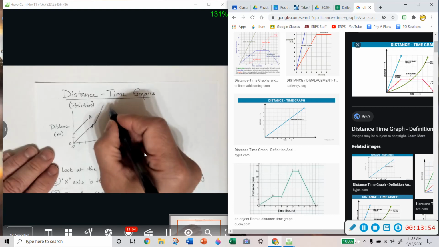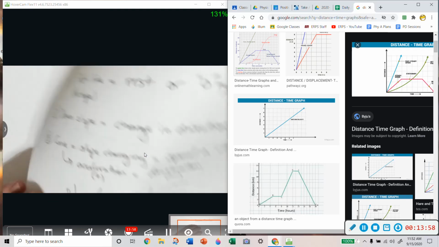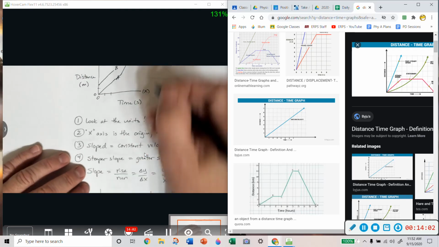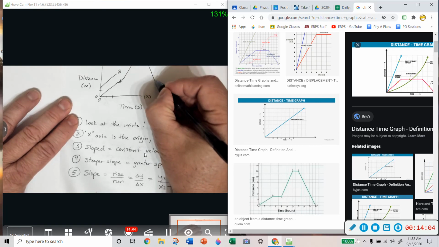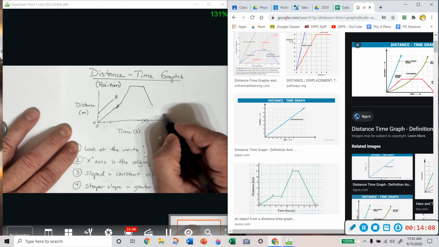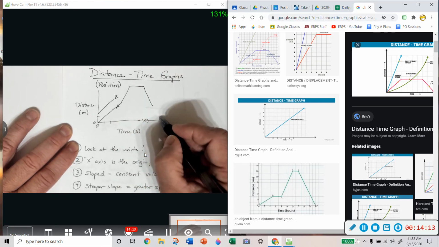If that line then flattens out, we have learned that that means we are at rest. If that line begins to turn and go back towards the origin, it means it has changed direction, and now it's heading back in a new direction. So this means a change in direction.